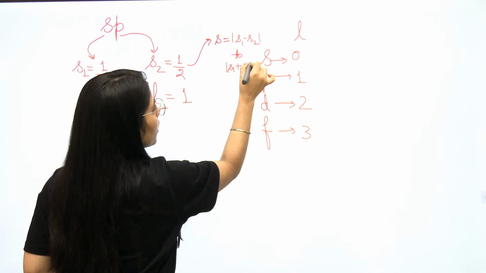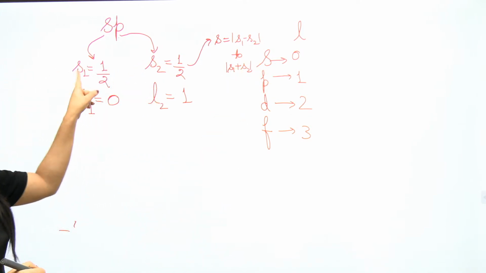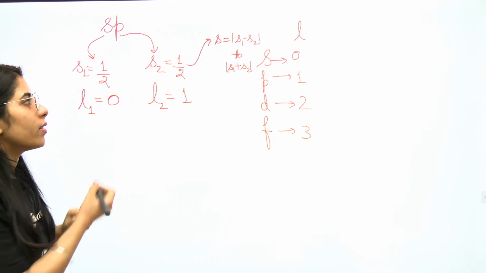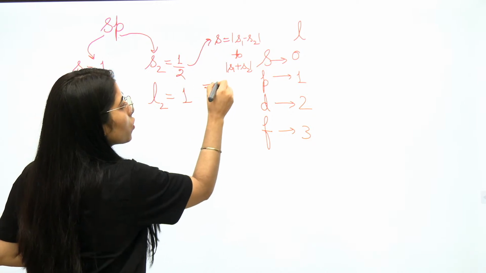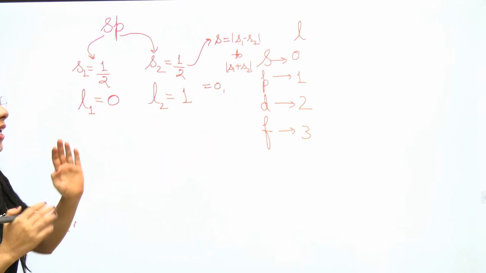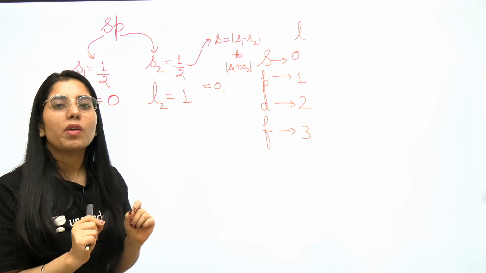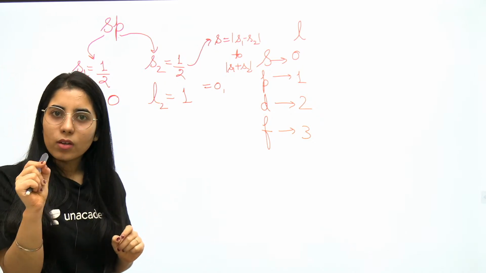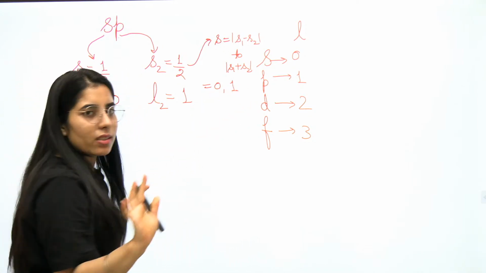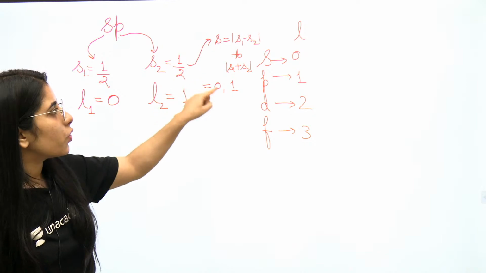That's going to be the value of S. What is S1? Half. What is S2? Half. S1 minus S2 will be what? 0. S1 plus S2 will be what? 1. Half plus half will be 1. And as I've told you, the difference in the values should be just 1. So 0 and 1 already have only one difference. Keep it as it is. These are the values of S you have got.